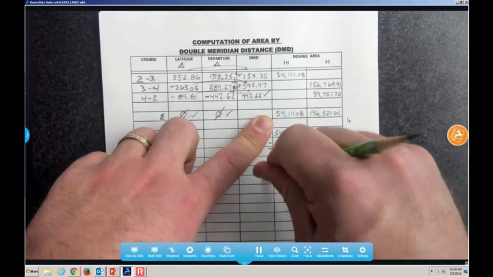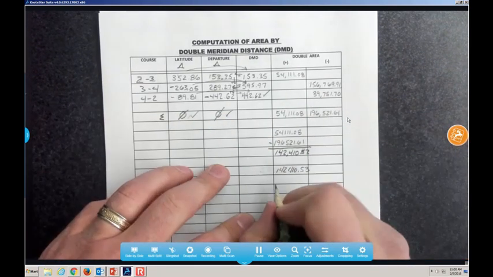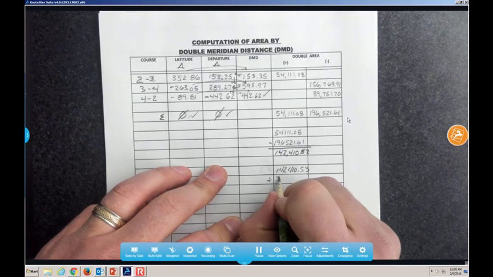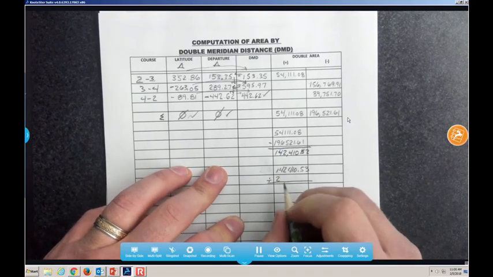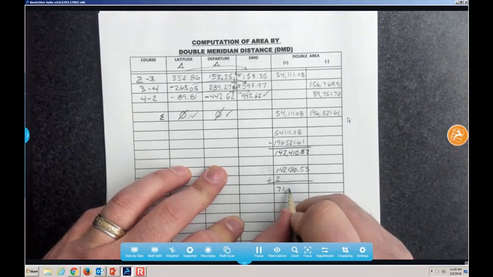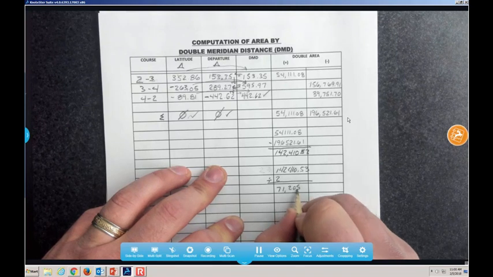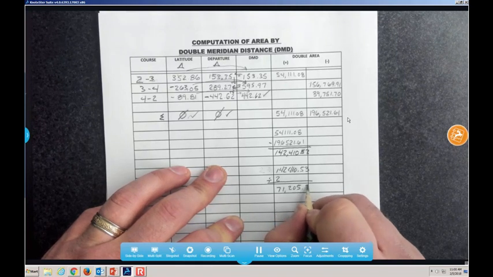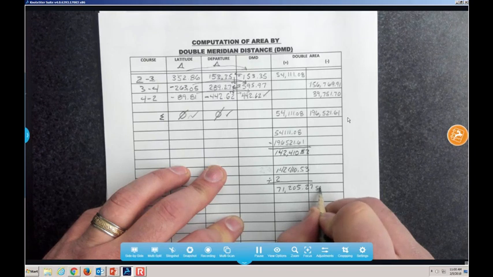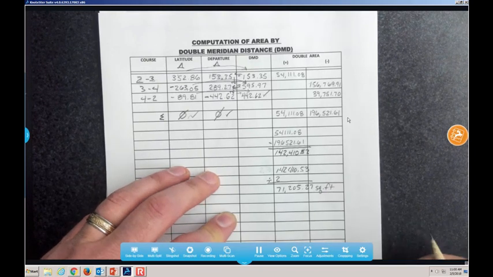I did that backwards. I don't want to divide 2 by that. So we'll see here. That comes out to be 71,205.27, and that's square feet.